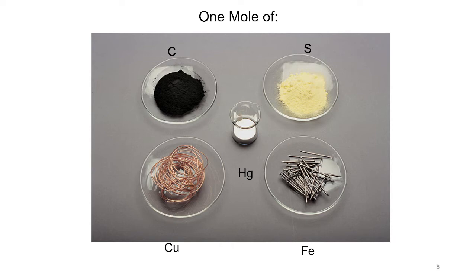Since mercury is heavier, it accounts for a denser pack of its 1 mole. Since carbon is more loose, we have somewhat greater amounts. But if we compare the weights of this 1 mole, carbon will have the least weight, then sulfur, then mercury, copper, and iron.